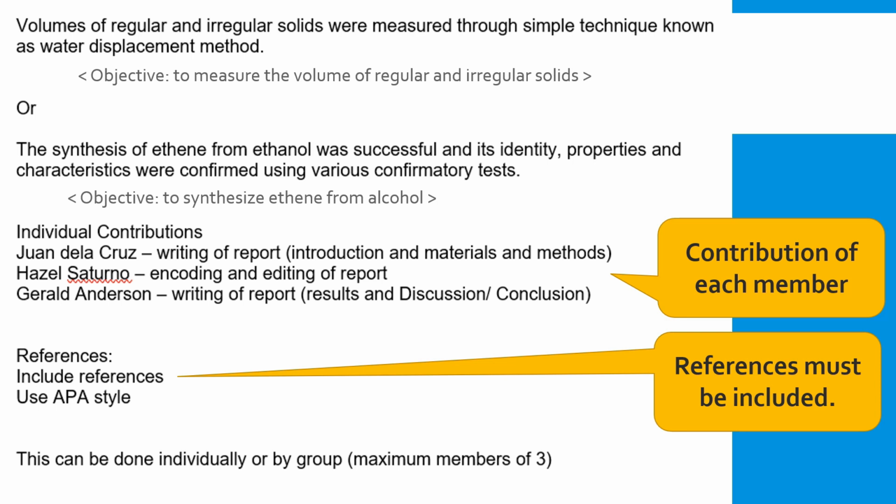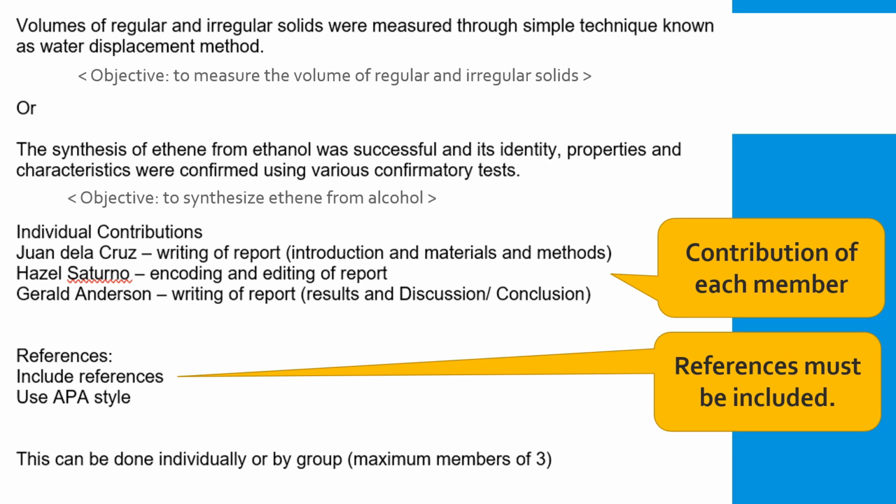Sa last part, nung sasubmit nyo, we'll describe in detail the contribution of each. Let's say 3 kayo: si Juan, si Hazel, si Gerald. Yung 3 yun, gumawa ng report. Sabihin mo, si Juan, siya yung nagsulat ng introduction, materials, and methods.